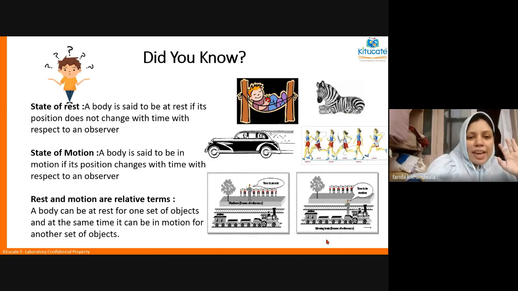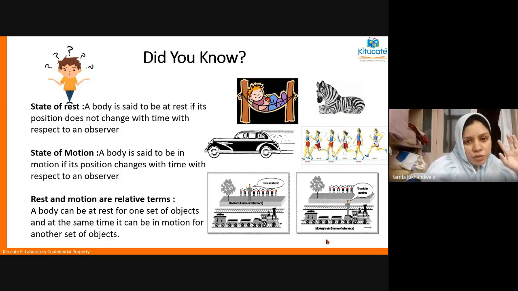Why do I put these two concepts, with respect to time and with respect to an observer? Because it is very, very important. You will come to know when I go to the third concept, that rest and motion are relative terms. So state of rest is when you're not changing position with respect to time and with respect to an observer. What is state of motion?